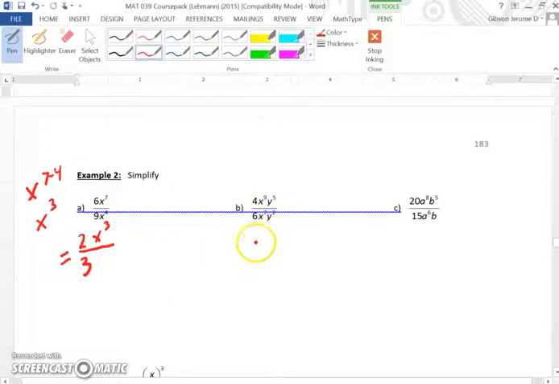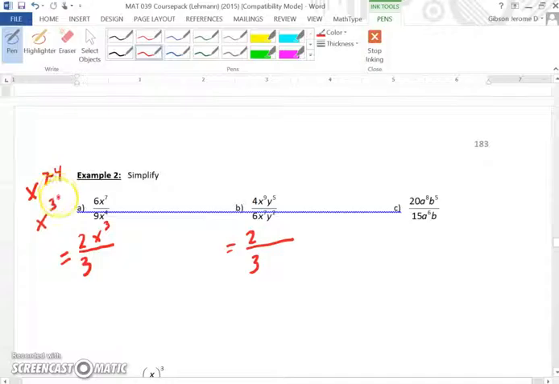Now we come here. We have 4x to the 9th, y to the 5th, over 6x to the 7th, y squared. So we'll start it off like we did A. We'll divide the numbers here. They both have 2 in common, so that will give us 2/3. And then we look here at the variables. Now, there's another way we could do this.